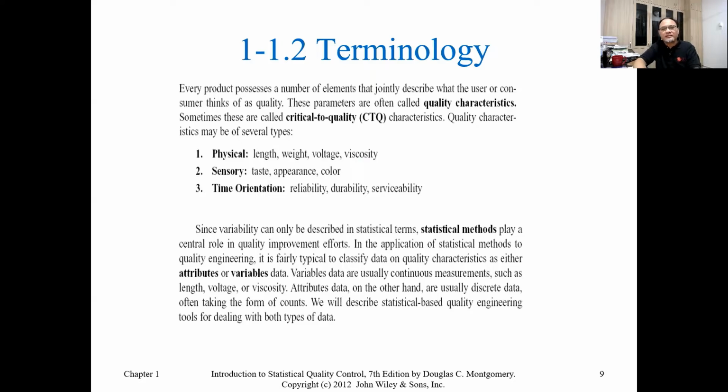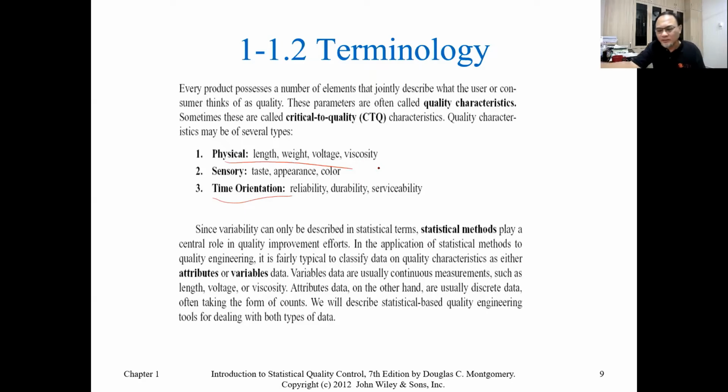There are several types of quality characteristics, particularly for manufactured products: physical characteristics, sensory characteristics, and time orientation.